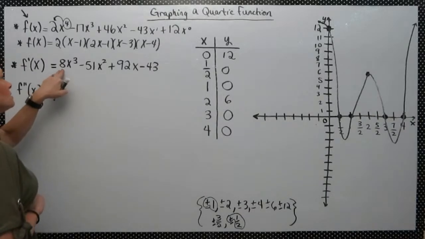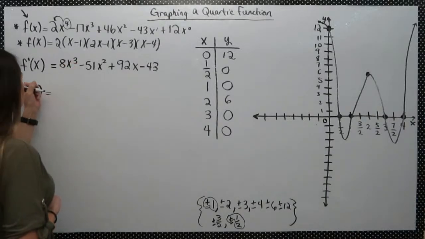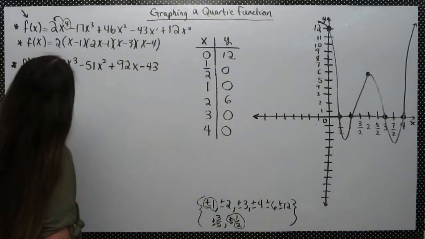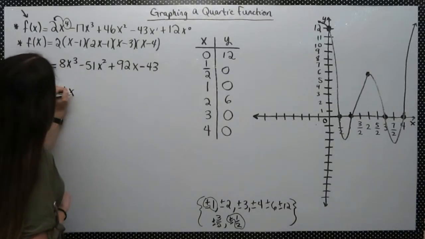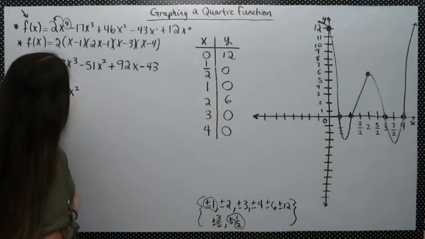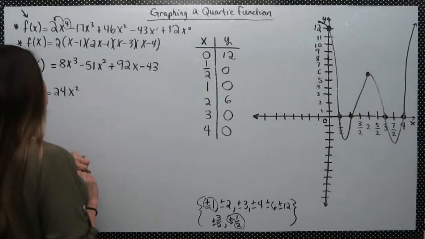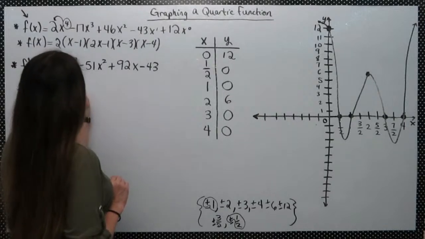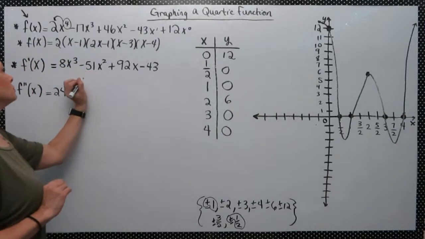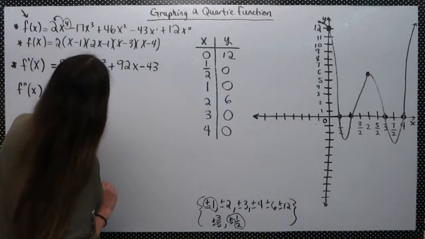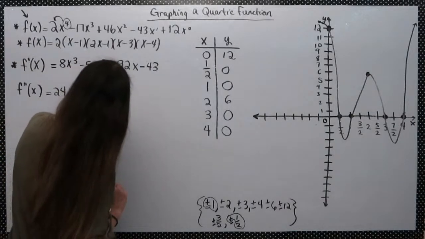So 8 times 3 is 24, and that's x squared. 24x, that is a very big coefficient. And then we have 51 times 2, so that is 102x.